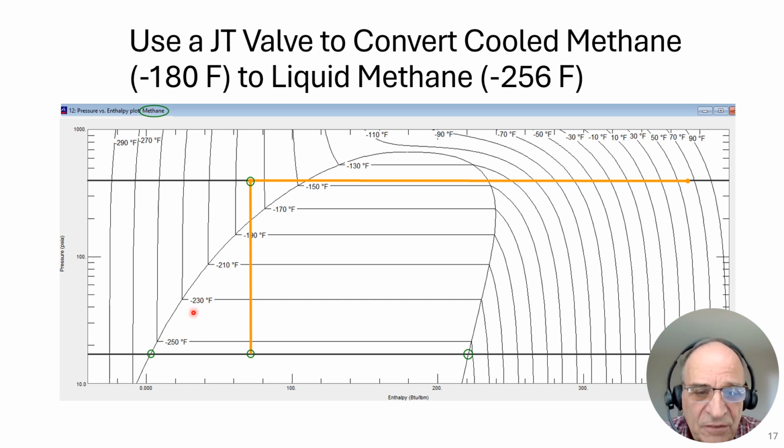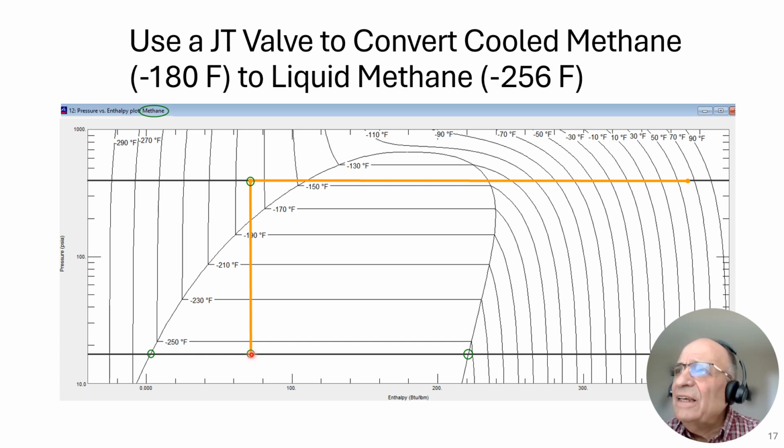Here's minus 250, here's minus 230, and minus 260 would be somewhere not even showing here, because I'm showing 20-degree increments. So I'm at minus 256 here.